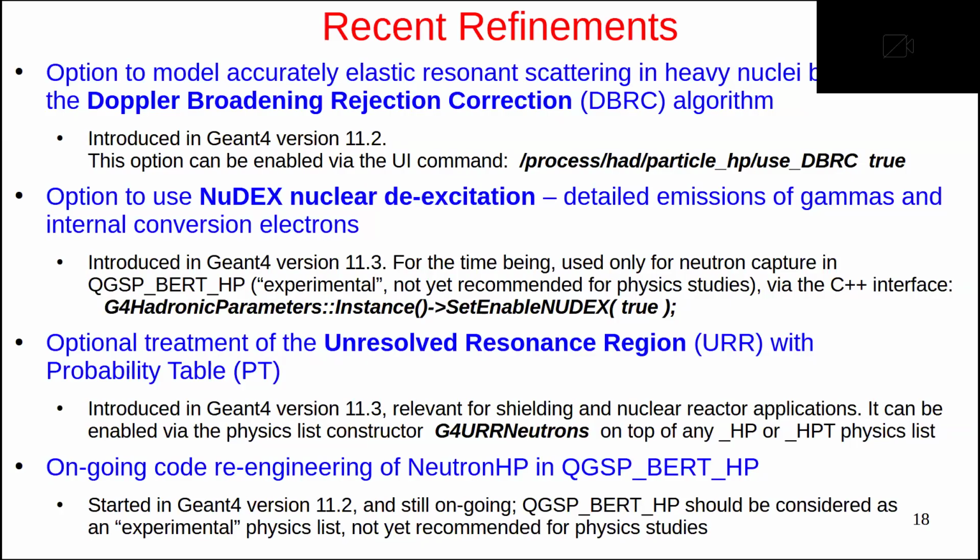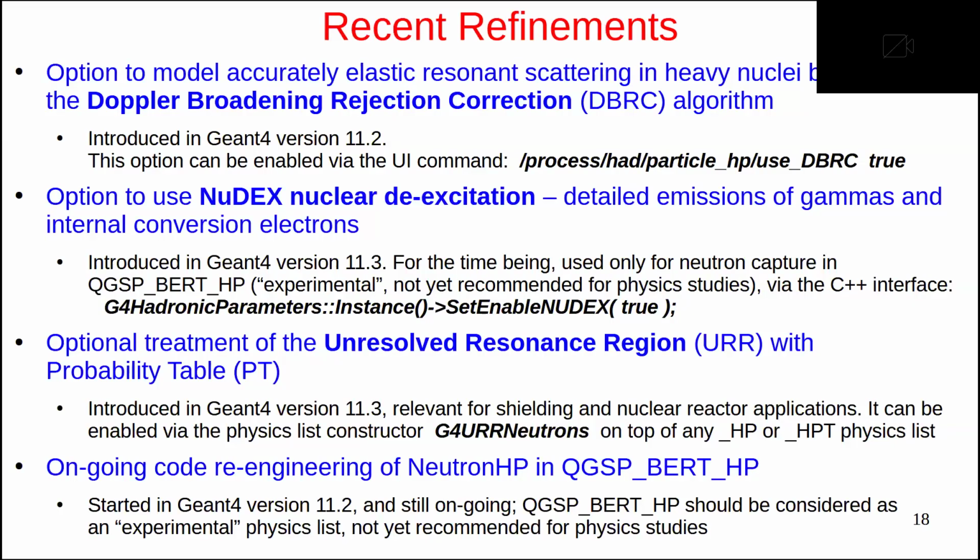The third major improvement was made also last year, which again is optional, and it consists in the treatment of the unresolved resonance region via probability tables. This is relevant for shielding and nuclear physics applications.